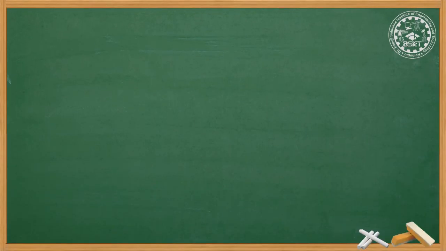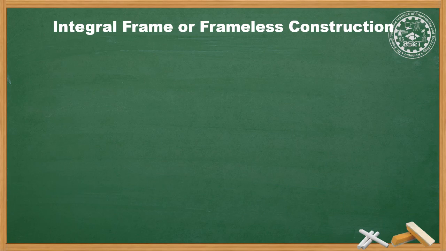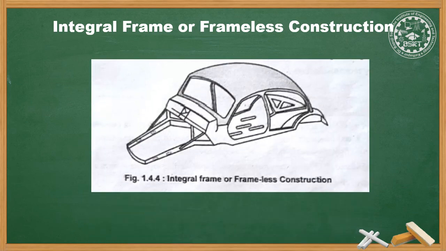The second type of construction is unitized construction, or integral frame or frameless construction, used mostly in cars. The below figure shows the integral frame or frameless construction. In this type of construction, there is no frame and no need of heavy side members.